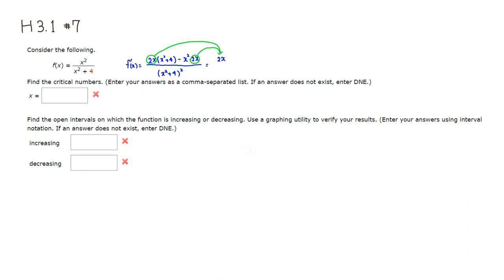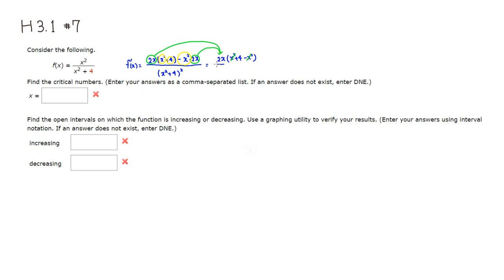Then what's left is x squared plus 4, and that takes care of those. And then we have minus x squared. So we can cancel the x squared here and the minus x squared there.